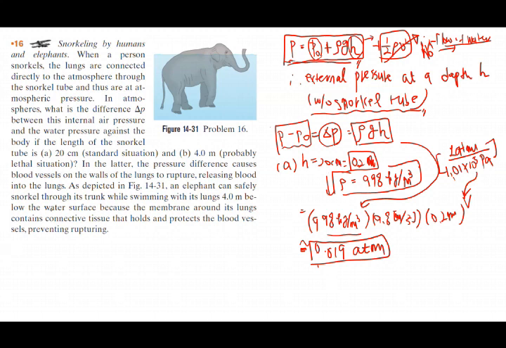Problem B is exactly the same as problem A, so you solve problem B the same way.